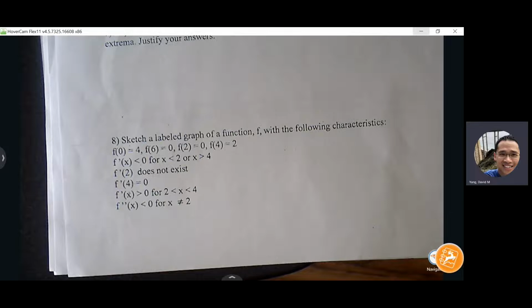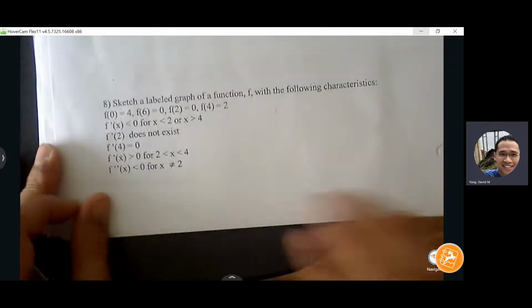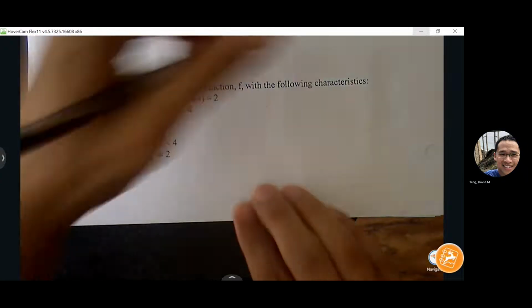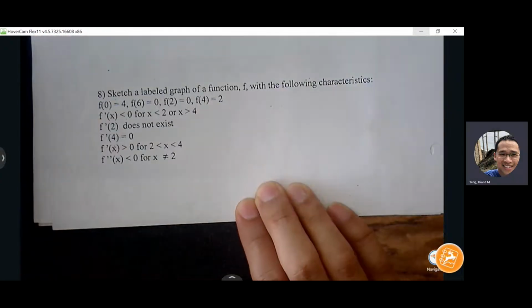Okay, number 8, let's plot our ordered pairs. Those are the easiest thing to start putting onto our graph. Again, page 6, number 8.